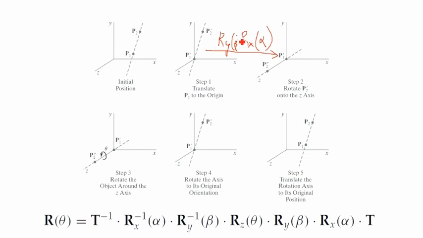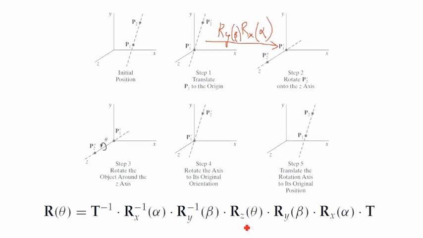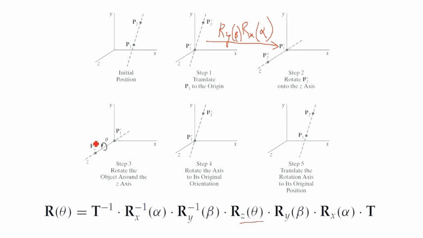Once I perform it, it gets aligned to the z-axis, and then I apply my Rz of theta rotation matrix that would rotate my object around the z-axis. After that, I'll have to bring this axis back to its original orientation, one step back. So we'll have to bring it back by undoing our y-axis rotation.